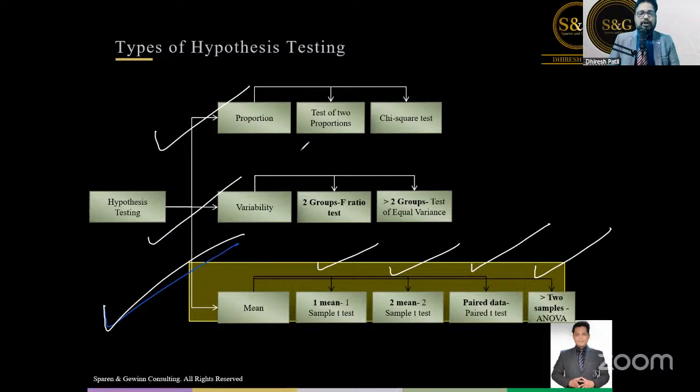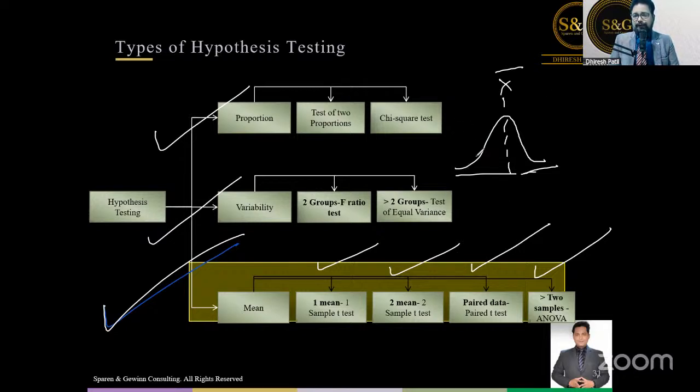We have seen how to calculate the probability value, the p-value, manually and with the help of Minitab as well. For the mean, X bar, we have the one sample t-test, two sample t-test, paired t-test and ANOVA.